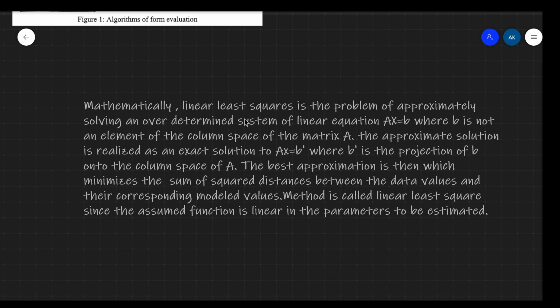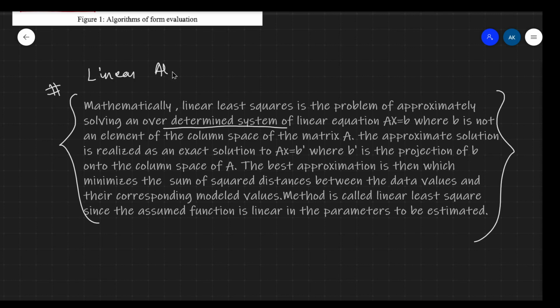Mathematically, linear least square is a problem of approximately solving an overdetermined system of linear equations Ax = b, where b is not an element of the column space of the matrix A, and the approximate solution is realized by the projection of b onto the column space of A. Now if I have to discuss this paragraph, I will have to teach you linear algebra entirely. So if you see this in a book or somewhere, this is correct, but we will not be talking about this too much.